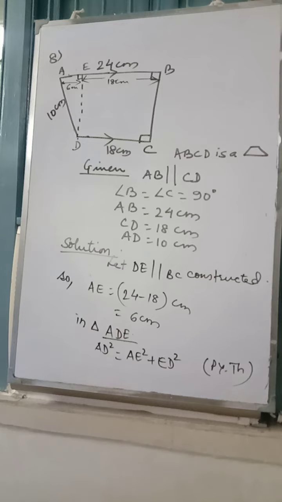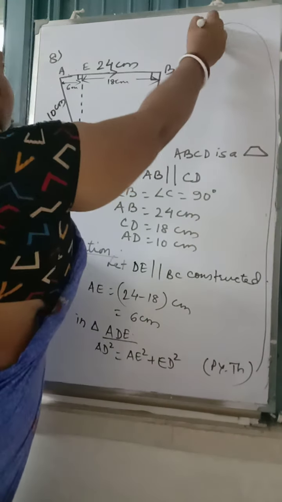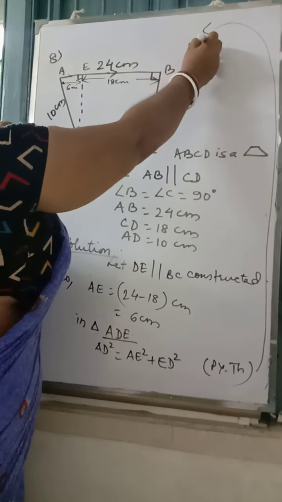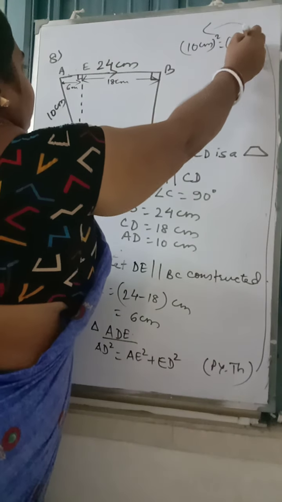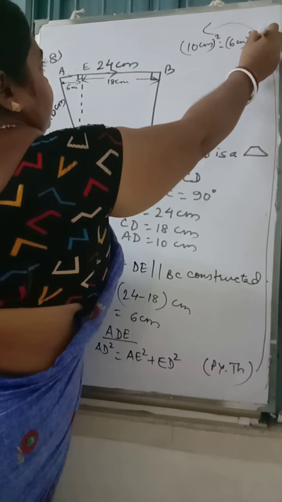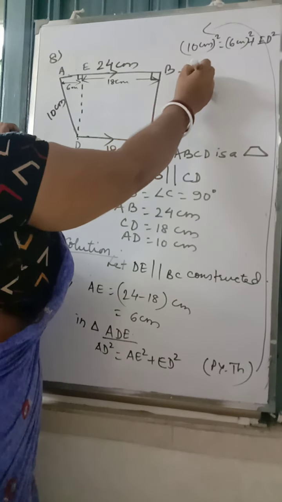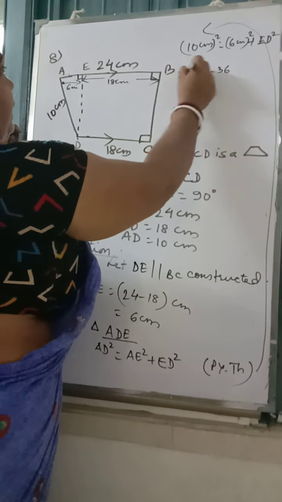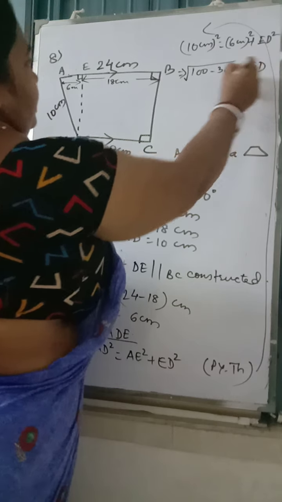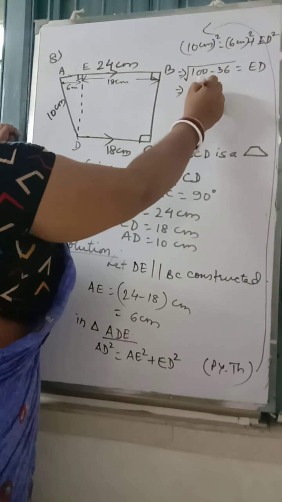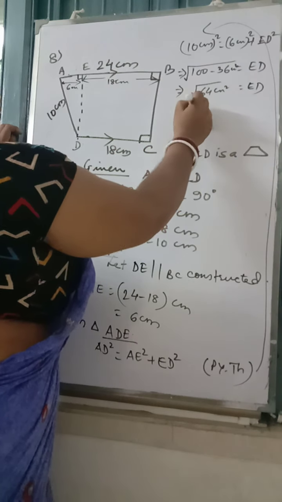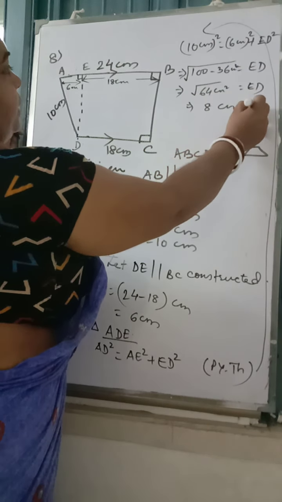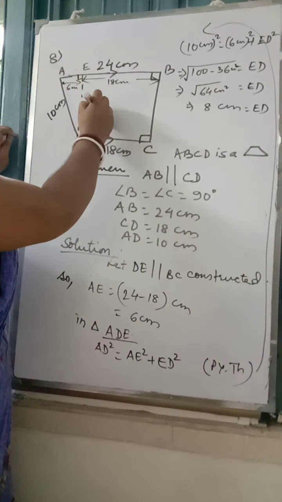Hypotenuse square is equal to perpendicular square plus base square, or that gives you 10 centimeter whole square is equal to 6 centimeter square plus ED square, or 100 minus 36 under root is equal to ED, or 64 centimeter square is equal to ED, or 8 centimeter is equal to ED. We got the height 8 centimeter.